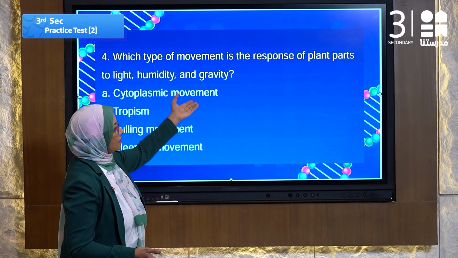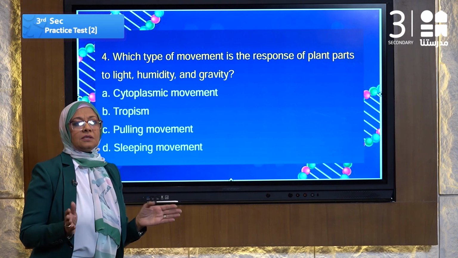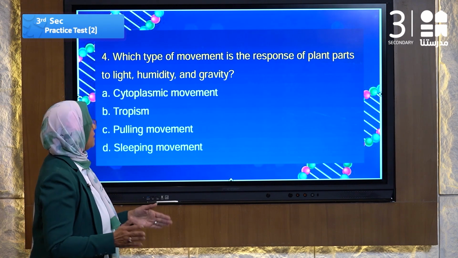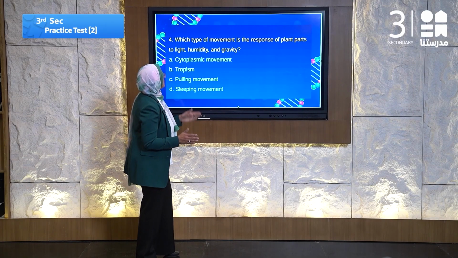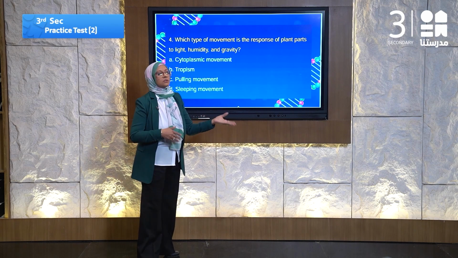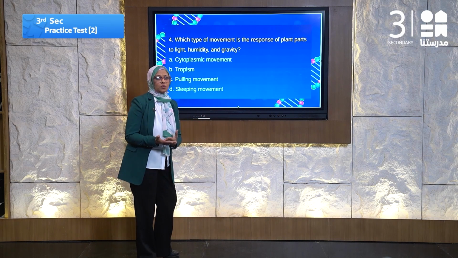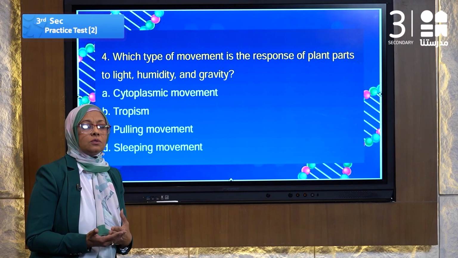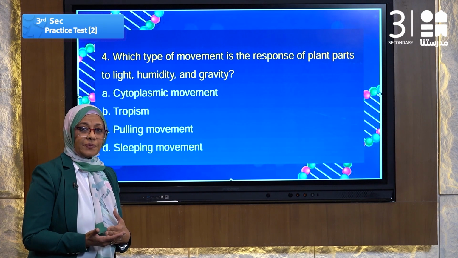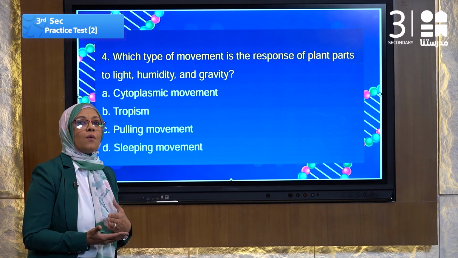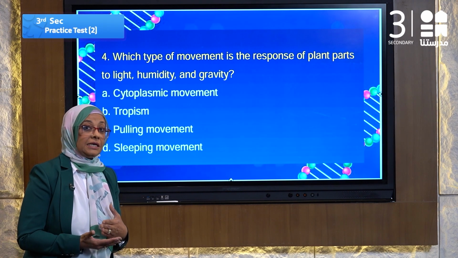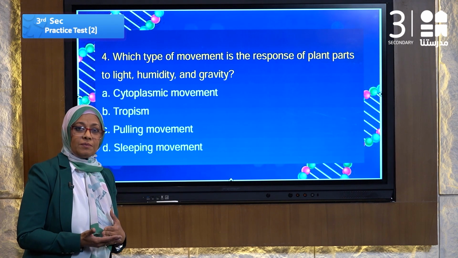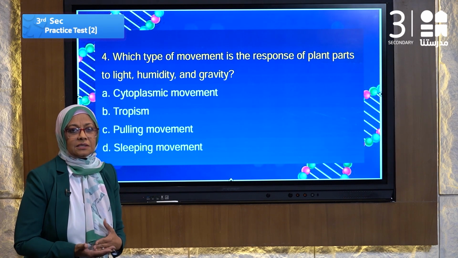The gravity is caused by the soil, and another type of the parts is inside the soil. I mean roots. Roots go toward gravity, but the negative one, going away from gravity, is the green parts, away from gravity to go to the light.